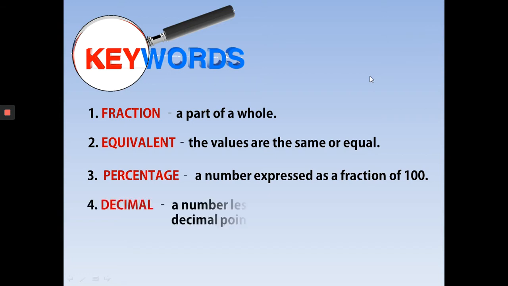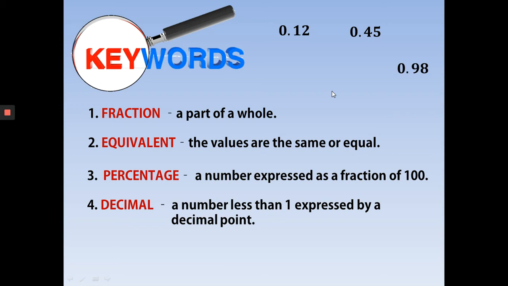Okay. So next, decimal. Decimal means a number less than 1 expressed by a decimal point. So you cannot say a number is a decimal if you cannot see a decimal point. So here, that's the sign of a decimal number. It's the decimal point.